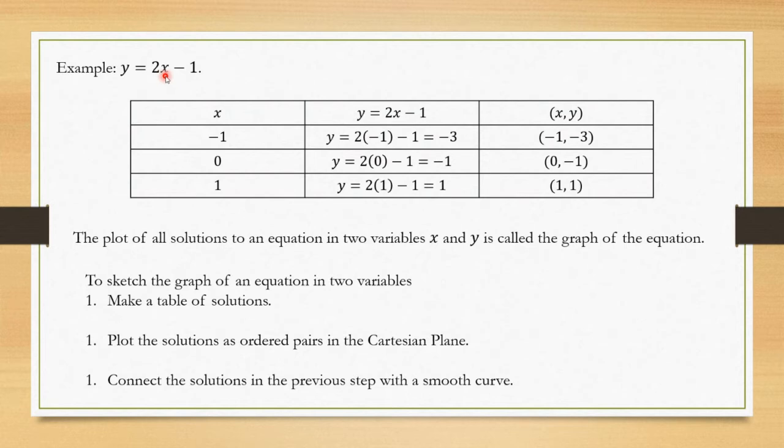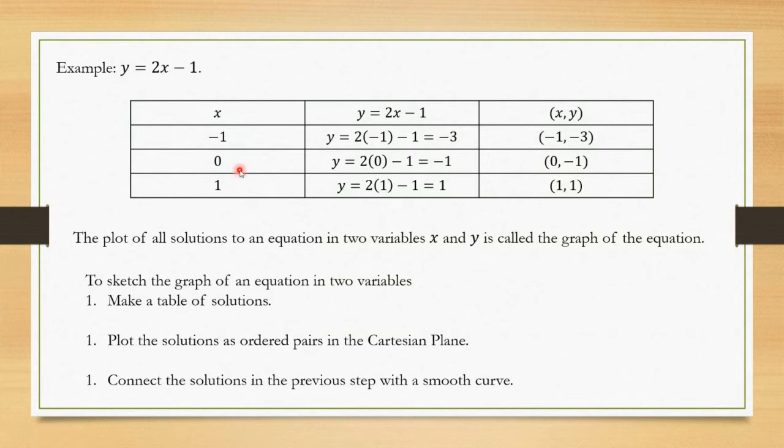So you let x be any number, and you calculate the corresponding y, and you get a solution. So if we let x be -1, we plug -1 in for x, calculate y, and we get a solution. So this calculation shows us (-1, -3) is a solution.